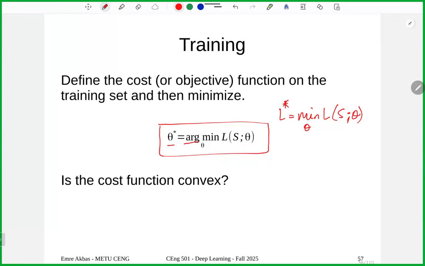So a central question here is whether the cost function is convex or not. That's a very important question. As we discussed last week, you remember we talked about AI winters and summers. One of the AI winters, in which people lost interest in artificial neural networks, was because their loss functions were not convex.